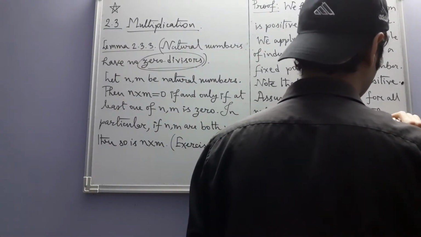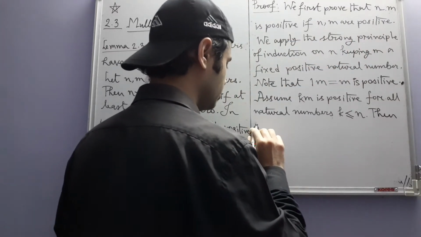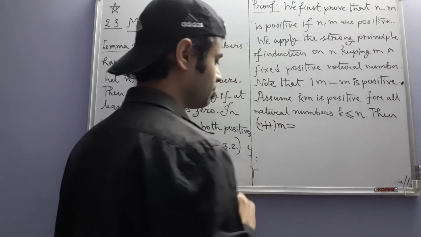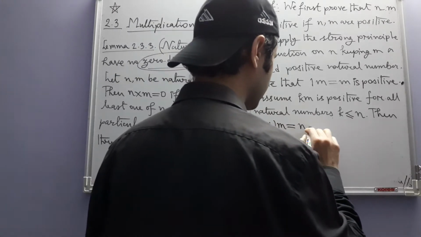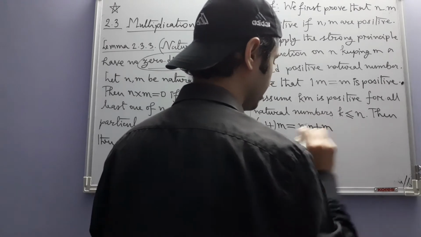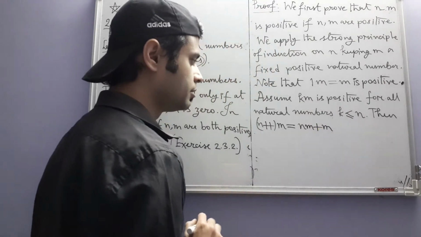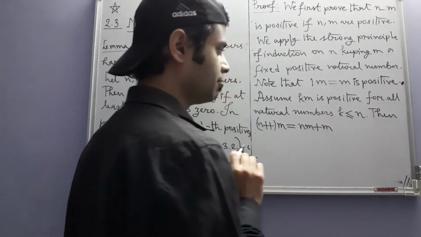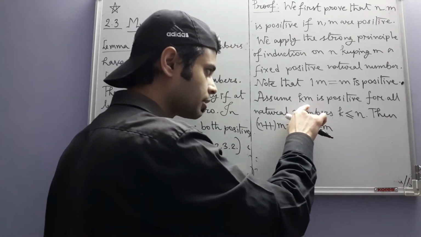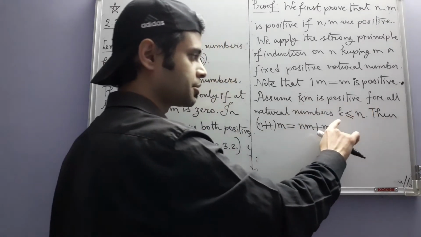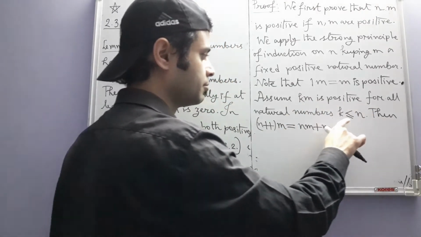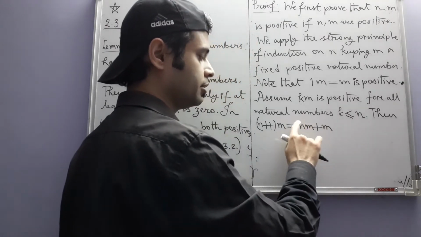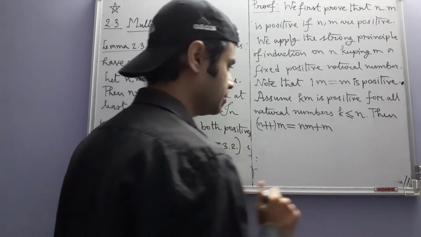Then n plus plus m, by the definition of multiplication, is nm plus m, right? Now nm is positive. Why? It comes from the strong hypothesis that km is positive for all k less than or equal to n. In particular, if you take k equal to n, you get nm positive, and m is also positive.